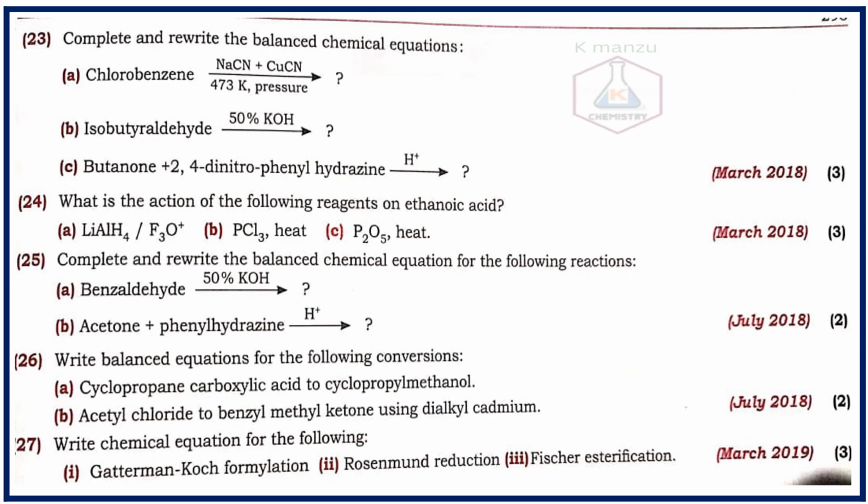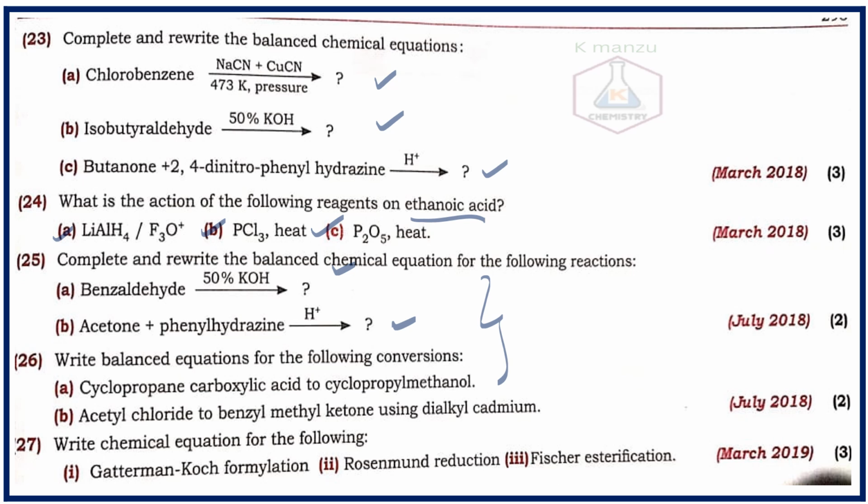After this you will look at these reactions, you will come to know these are very important chemical reactions. Here, for ethanoic acid, a carboxylic acid, you will find these different reagents and what action they have on ethanoic acid. Here are balanced chemical equations. You will be able to write answers to these questions when you practice thoroughly.